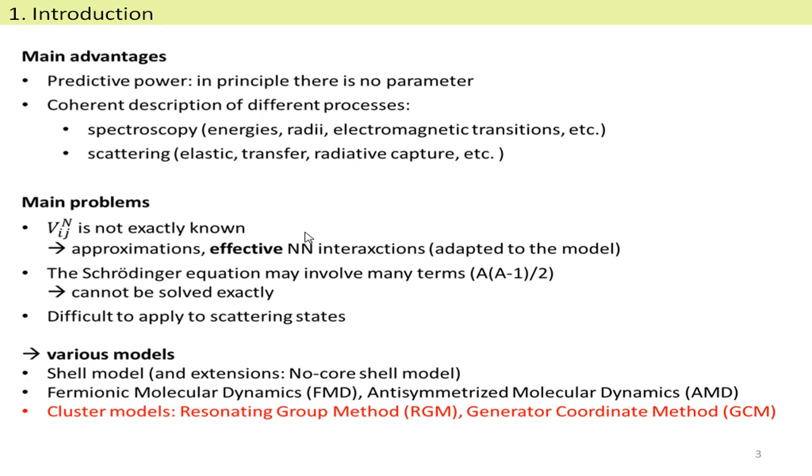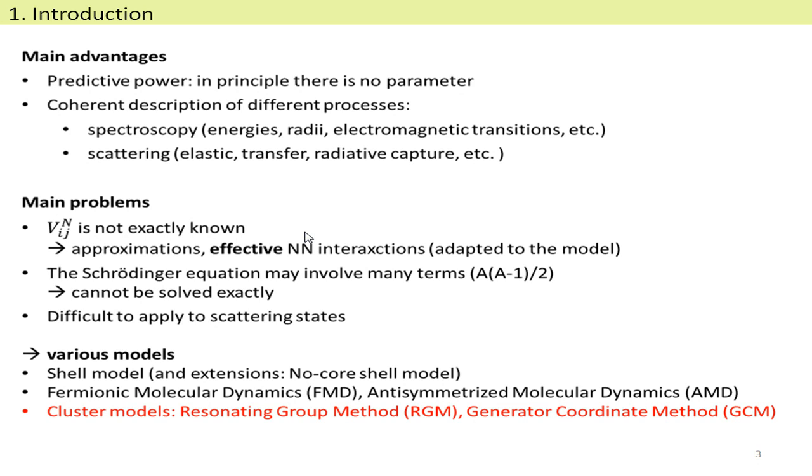And of course, the problems are listed here. So that's one of the differences with atomic physics. In atomic physics, you also have many body problems with many electrons, but there you know the interaction, it's a Coulomb. Here we have a many body problem, but we don't know exactly the nucleon-nucleon interaction. We know some properties, but we have to do approximations about this nuclear interaction.